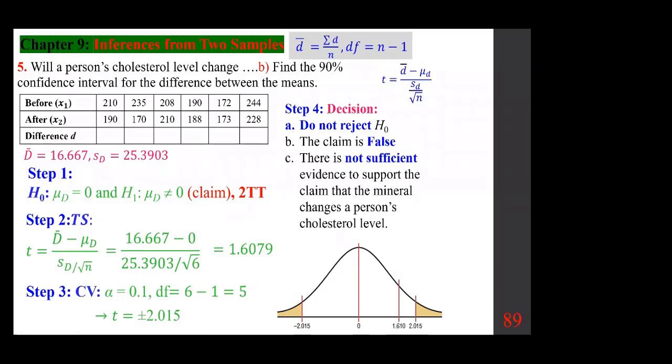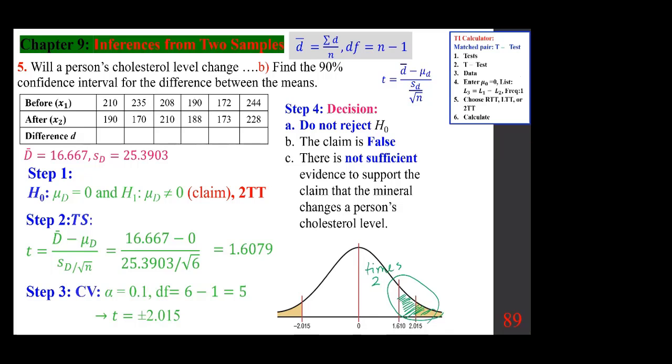If we were to find the p-value, we would find the area to the right of the test statistic times 2. Why times 2? Because it's a two-tailed test. So one more time, if I were to find the p-value, I would come up with the area to the right of test statistic, t equals 1.610, and I would multiply by 2. Here's the technology.